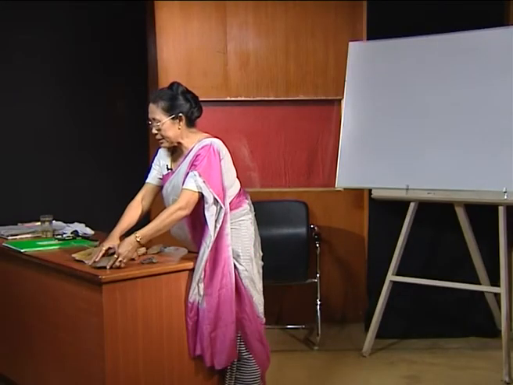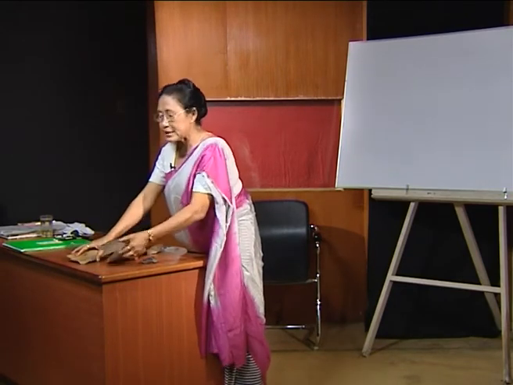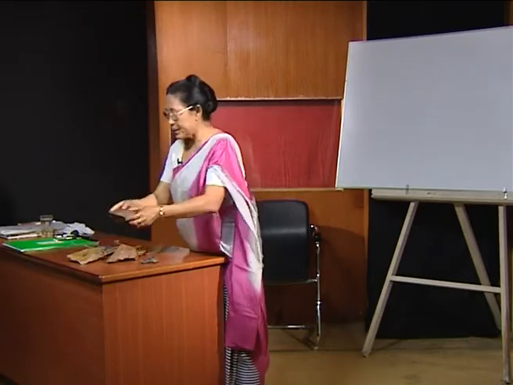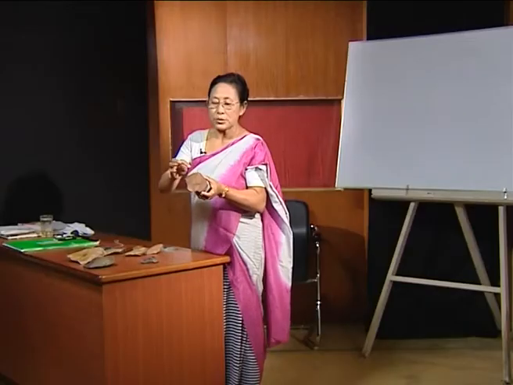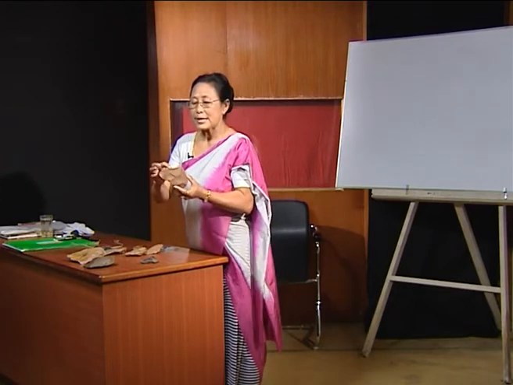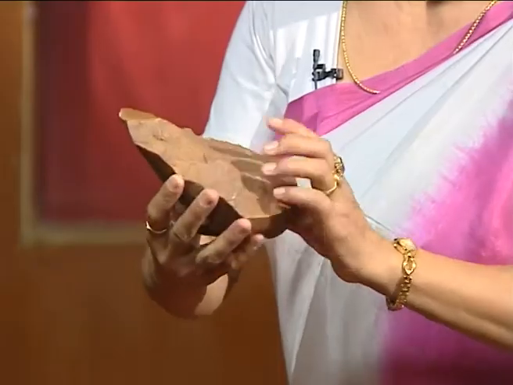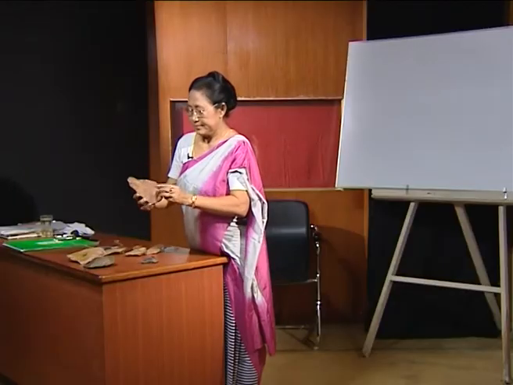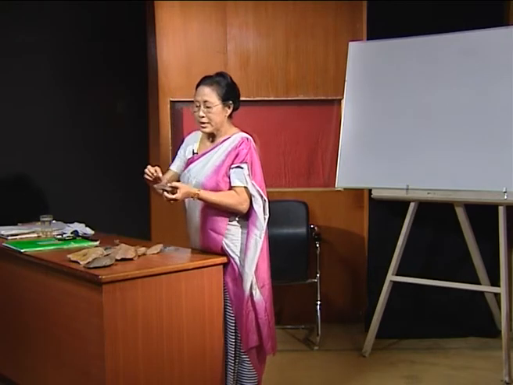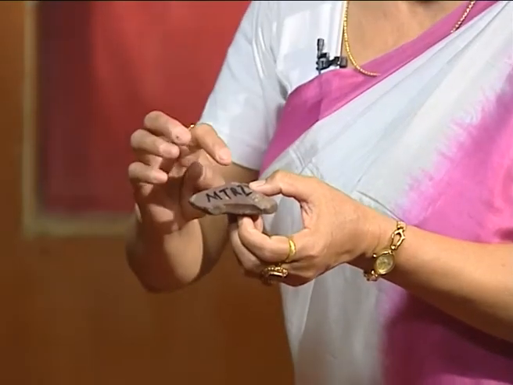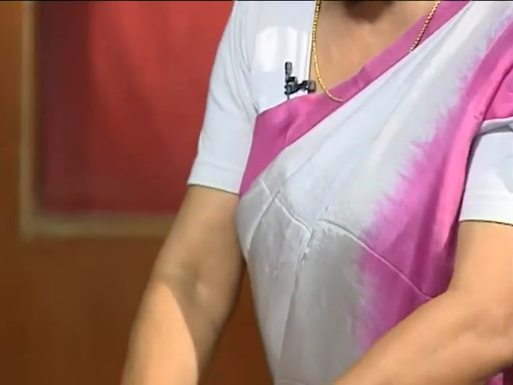So this one is rolled and patinated and this one is heavily rolled and heavily patinated, and this one, like this, is also slightly rolled and slightly patinated. The ridges are preserved here even though the color is changed. Like this also the ridges are preserved even though the color is slightly changed.